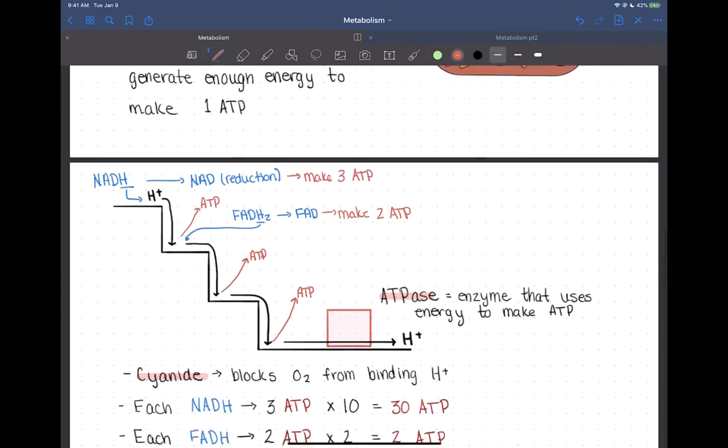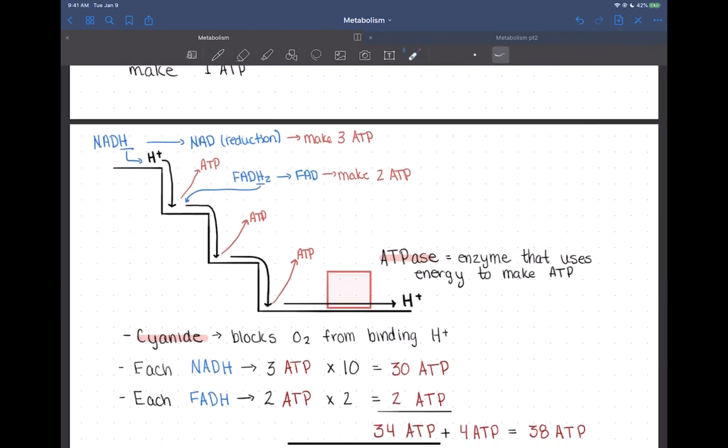So those hydrogens that have been falling and building up energy pass through that ATPase, releasing all that energy they're storing up, and make ATP. In this process we would take ADP and phosphate here, and this enzyme would make ATP from it. Okay, so that's the ATPase.